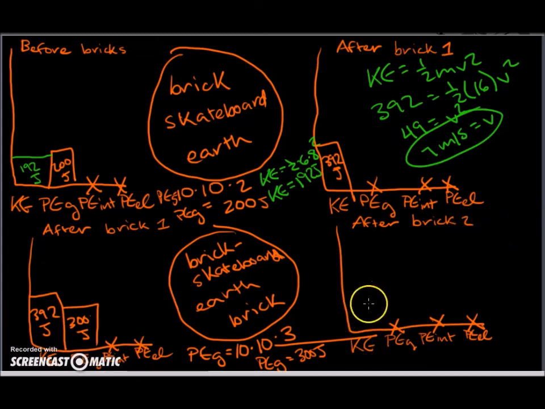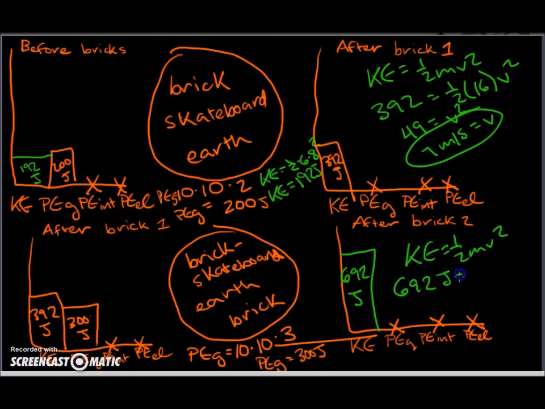So we know that, and because our total energy is equal to the potential energy plus the kinetic energy, and our total energy is becoming the kinetic energy, we can say that our kinetic energy now is equal to 692 joules. And we need to find the velocity, but we have our kinetic energy now, so that's pretty easy. We have kinetic energy equals 1/2 mv squared, like above. Our kinetic energy is 692 joules.